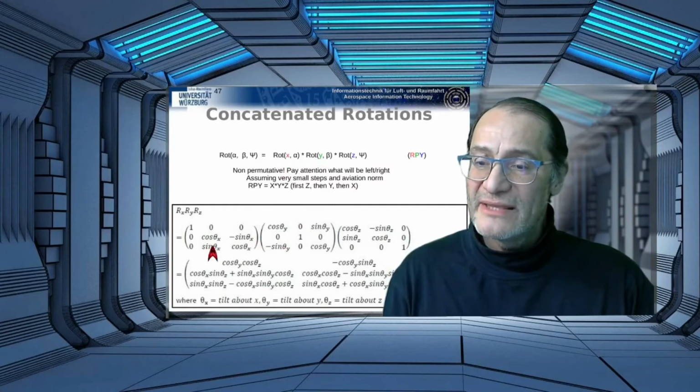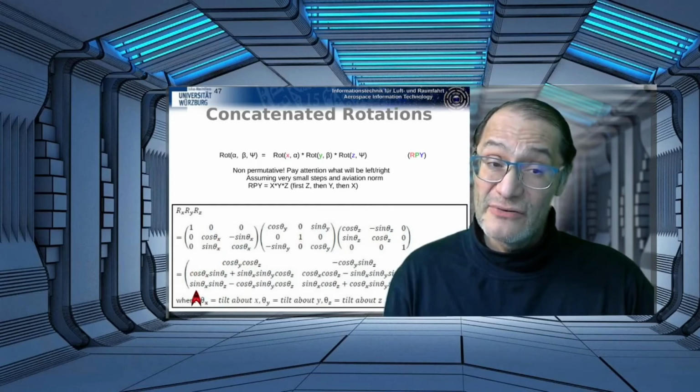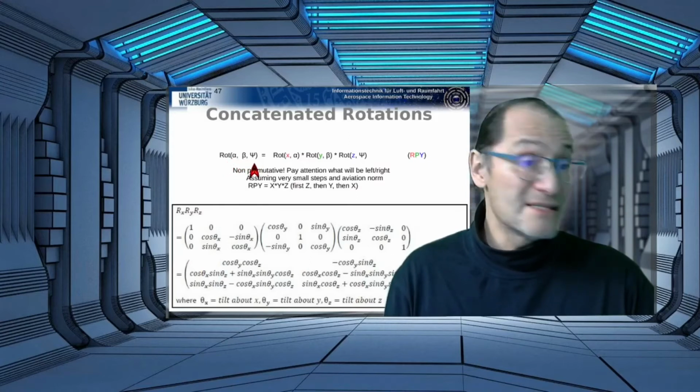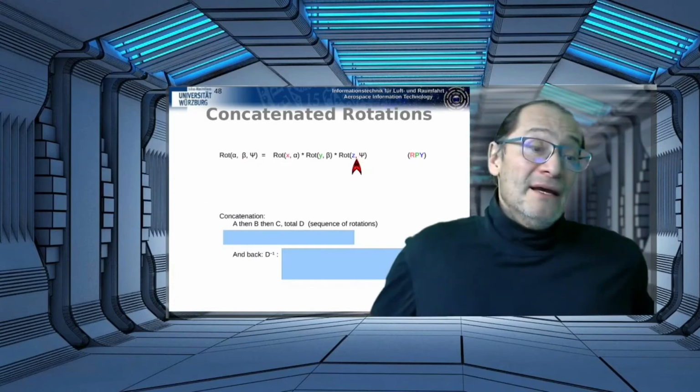And do you remember these three matrices? If you multiply these three matrices, then you are going to get this. You can try it by yourself if you want. It's a lot of work. And this here is the new rotor, which includes these three rotations on these three axes. Next point.